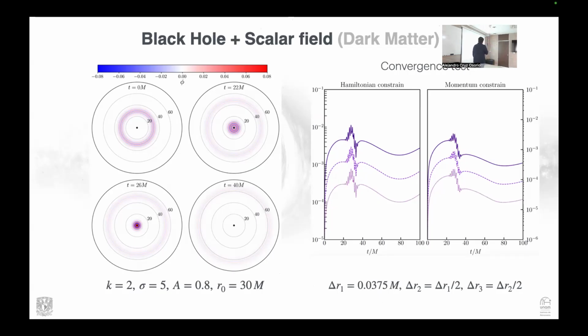Here we choose three different resolutions in our numerical evolution, and then we measure this second set of Einstein equations, the Hamiltonian or energy constraint and the momentum constraint. We see that when we increase the resolution of our numerical simulation, the errors are decreasing. Basically, it's to believe in our results.